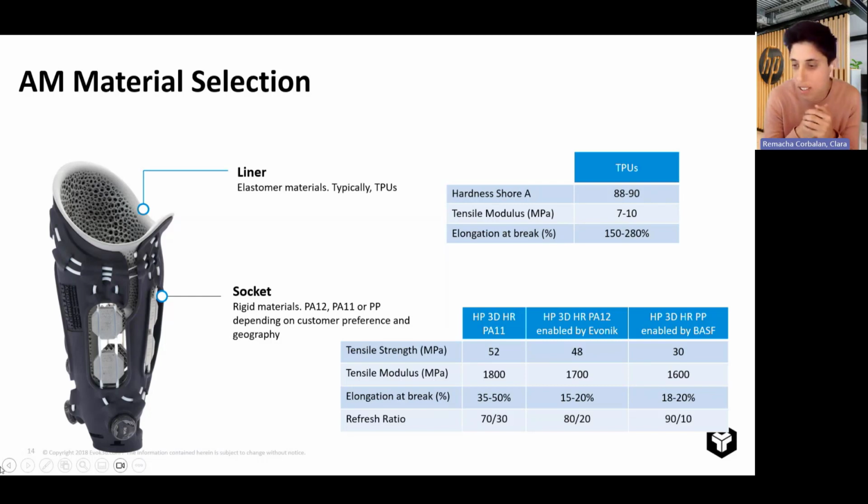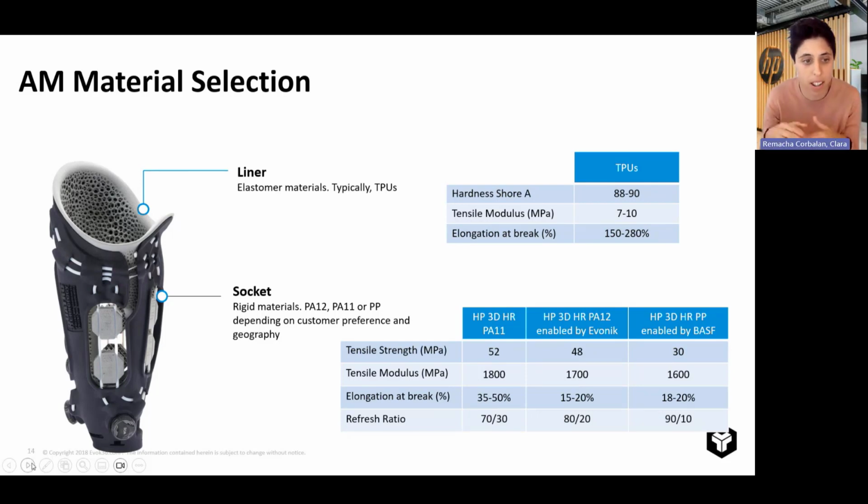So for the liner, because of the comfort requirement, that always is an elastomeric material. And what we see being used the most is mostly TPUs. In this application, because it's of course in contact with the skin, we see TPUs being used the most. We have TPUs from BASF, TPUs from Lubrizol with slightly different properties. So that's more of a customer preference.